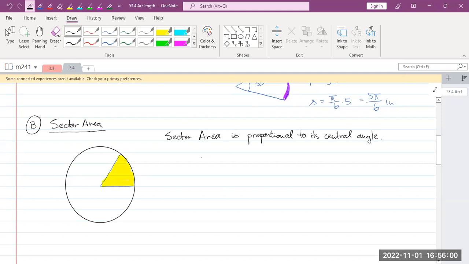Therefore, let me denote the sector area by A for that pizza slice. The ratio of that sector area to the area of the circle must be equal to the ratio of the central angle theta to the angle formed by a full circle. In radian, that's 2 pi.